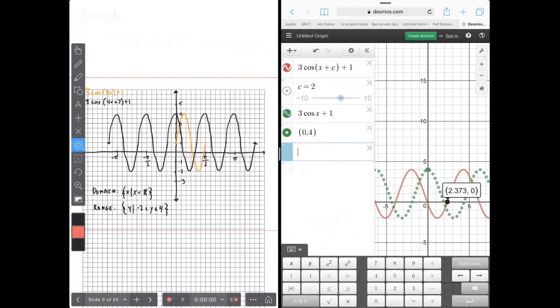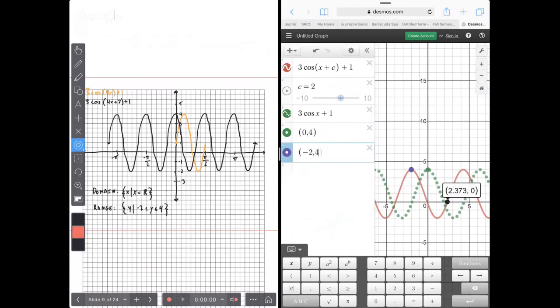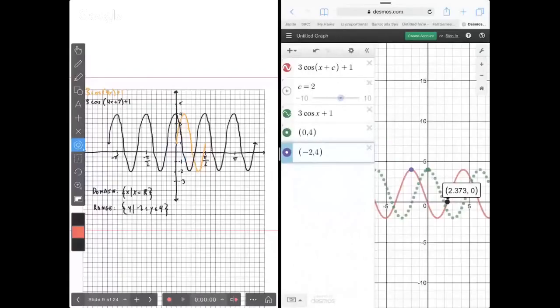And it moved to the red point, -2, 4. There it is. And so I moved it left 2 with this C value becoming 2.